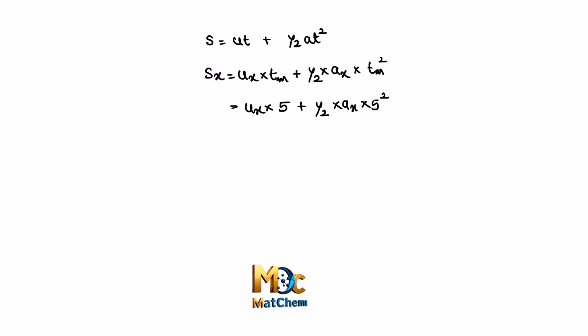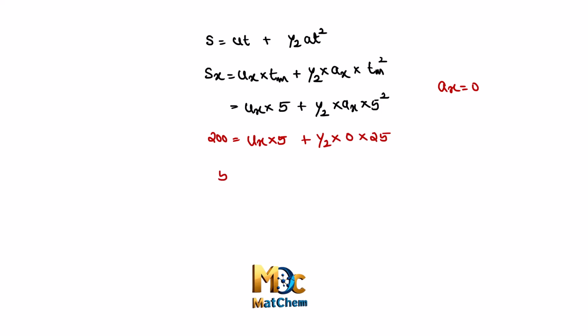So what can we substitute? Ax equal to 0. Then the displacement along the x-axis, 200, is equal to ux into 5 plus half into the acceleration along the x-axis, which is 0, into 25.